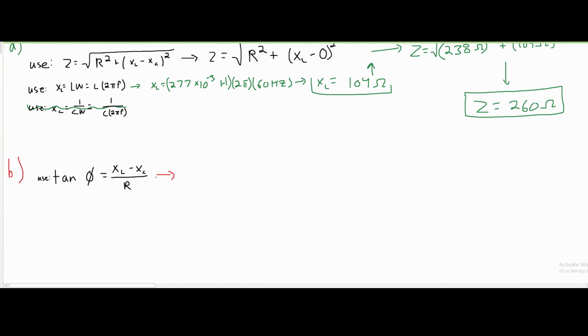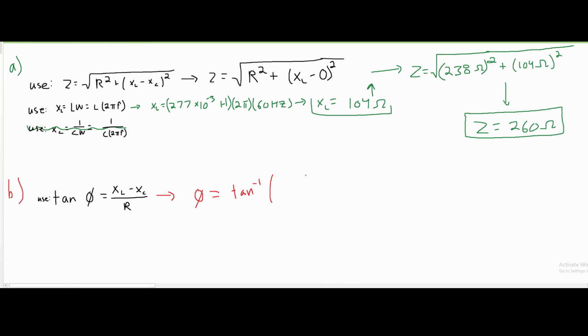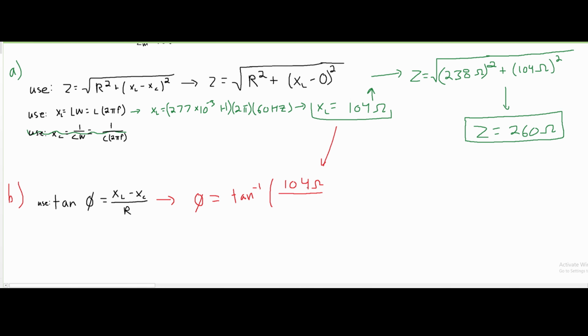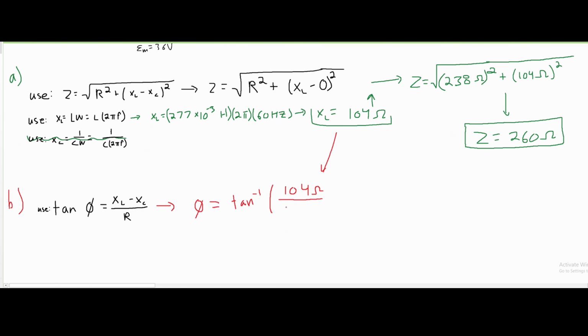Since we don't have a capacitor, this is just going to be phase shift is equal to arctangent of X_L over our R. And our X_L is 104 ohms from here, and our R is 238 ohms. We have to make sure that our calculator is in degrees, because that's what we solve for phase shift.